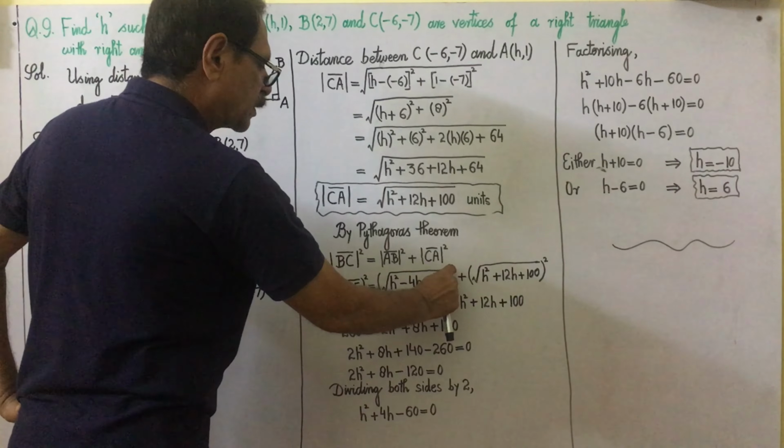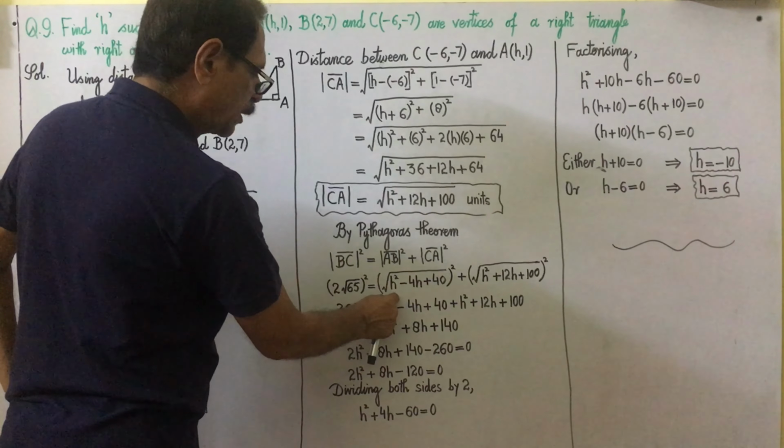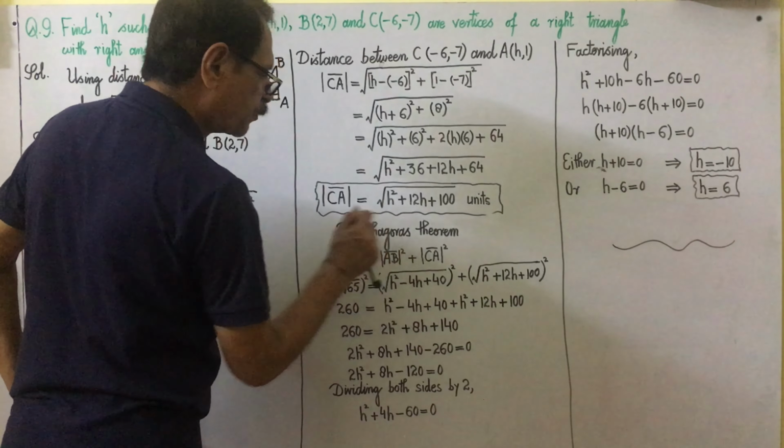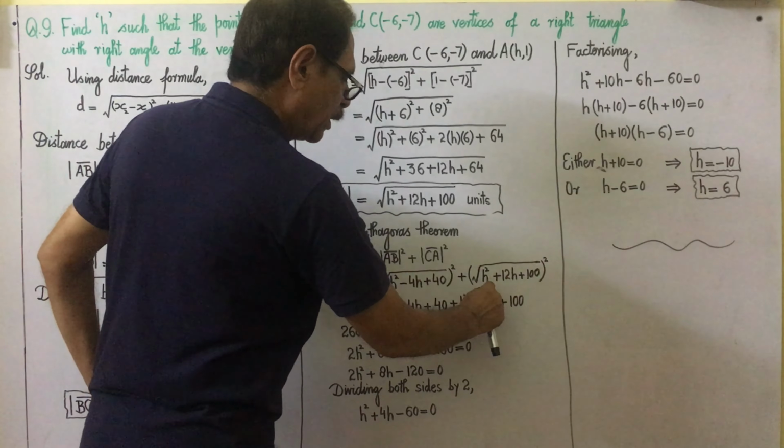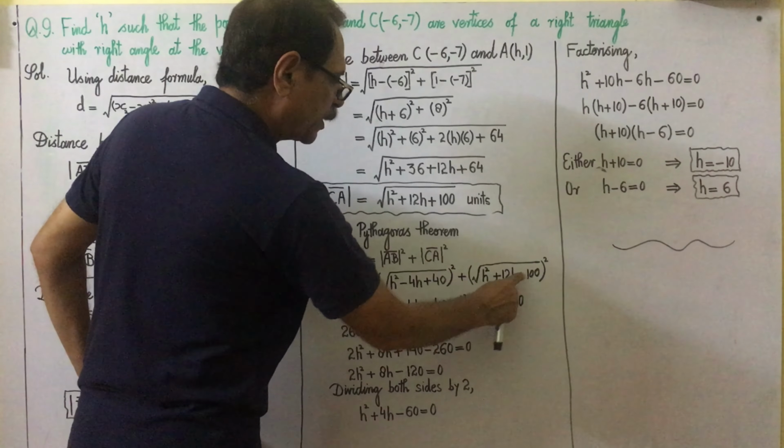The square root sign cancels with the square, so here comes h square minus 4h plus 40. Again square root and square cancel, so here will be h square plus 12h plus 100.